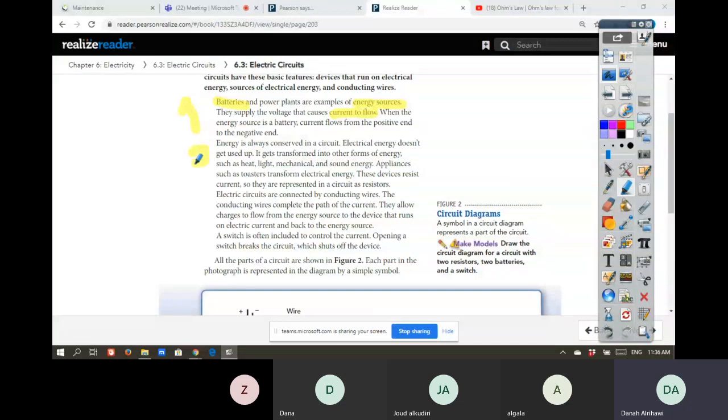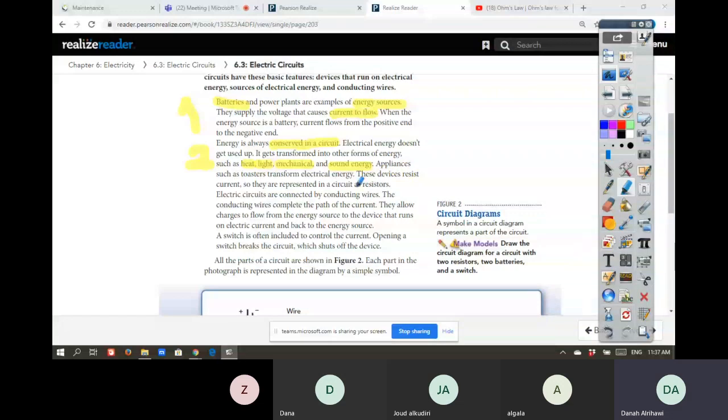Number two, energy is always conserved in the circuit. Electric energy does not get used up. It gets transferred into another form of energy, like heat, light, mechanical, or sound, like the doorbell.